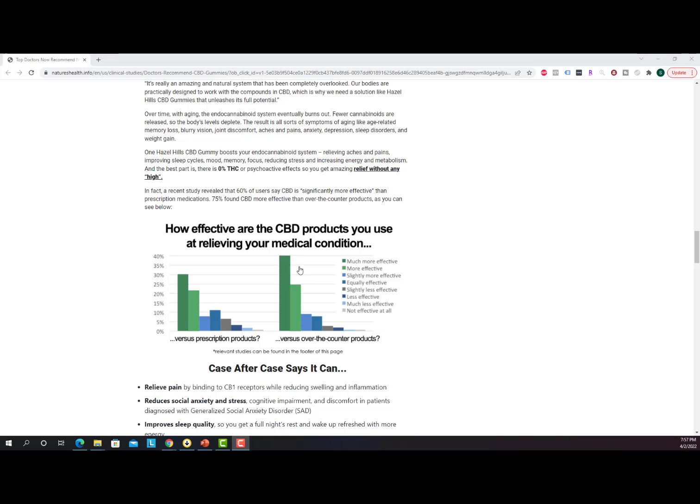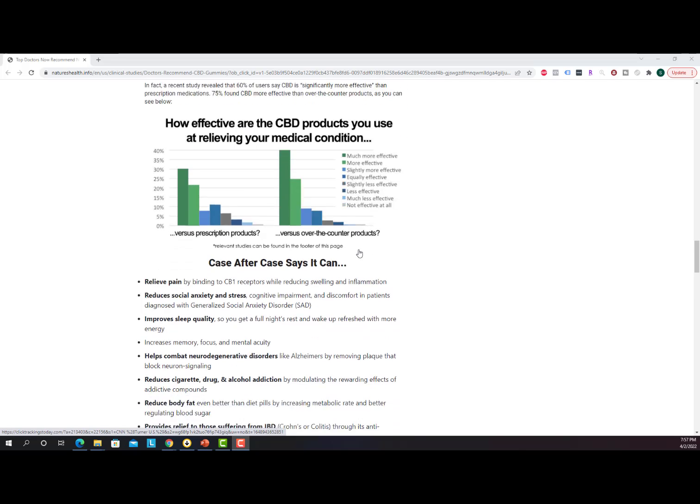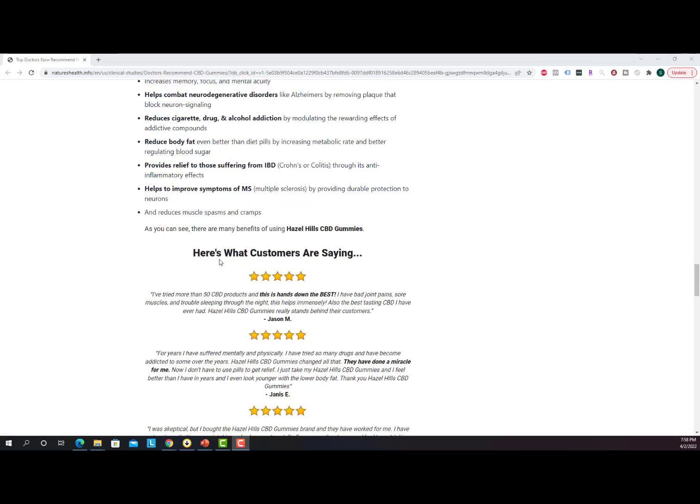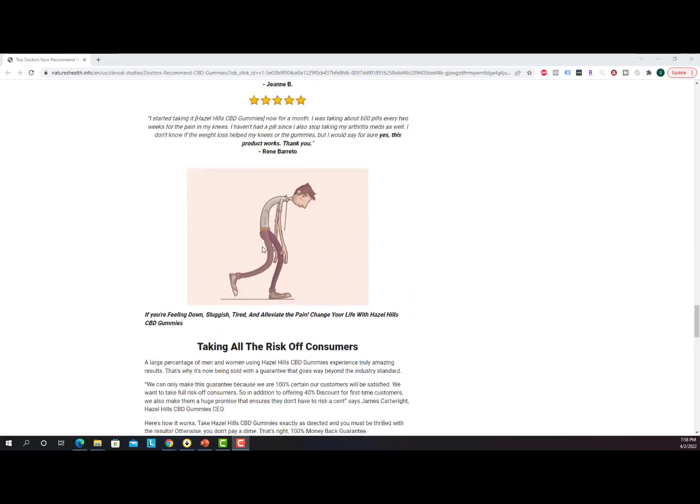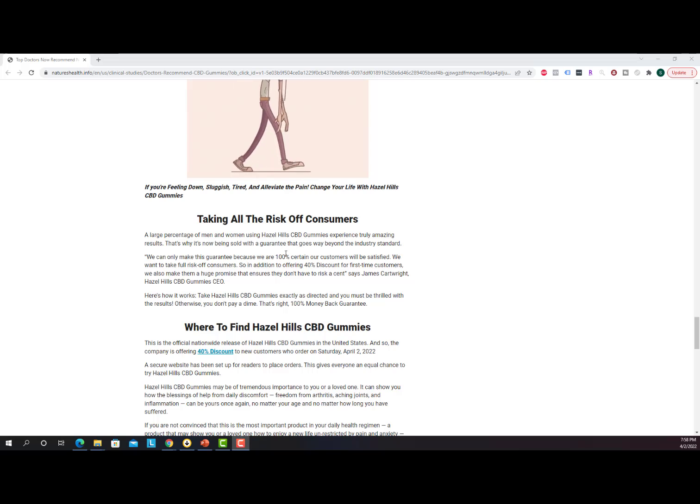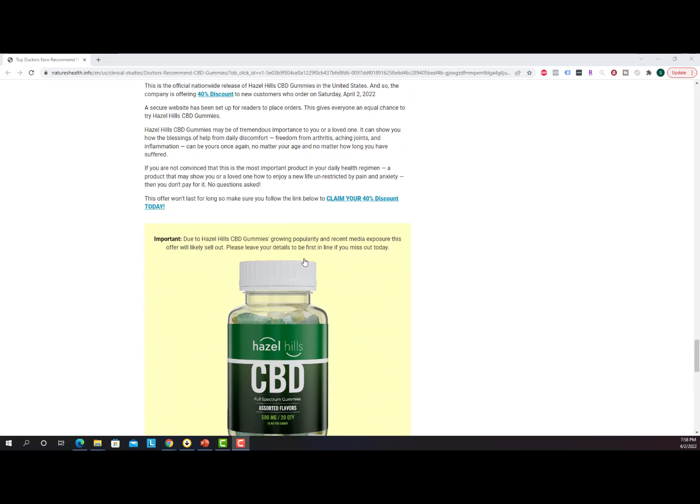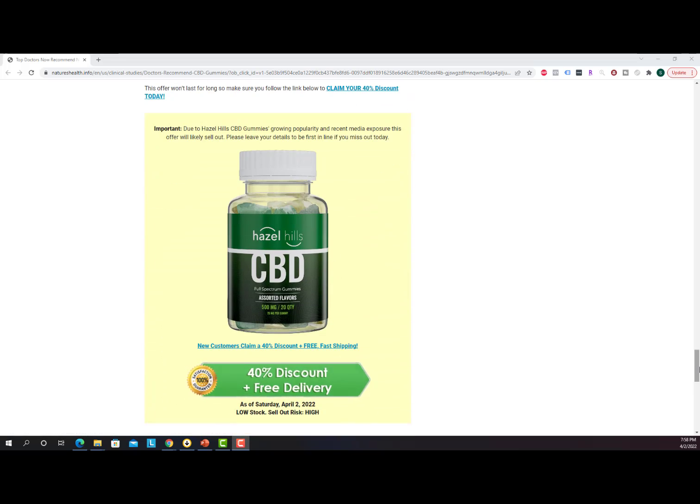Here's the science behind it, how effective this CBD product is compared to its competitors. Again, here are your benefits, testimonials, a 100% money back guarantee, and where to find it. So this is literally a sales page. It has all the features of a sales page, but it's described in a news article format.